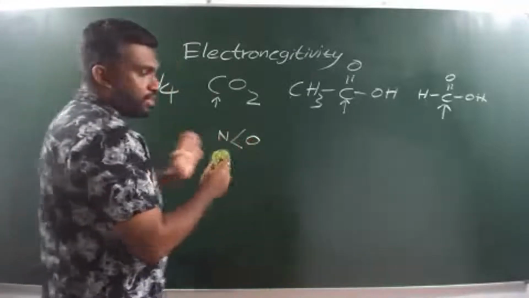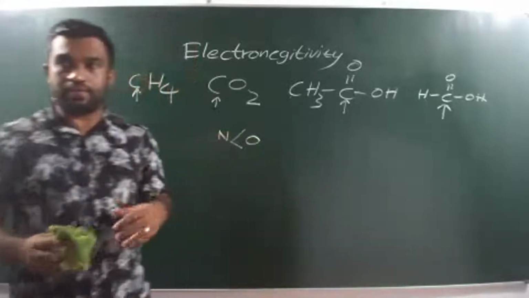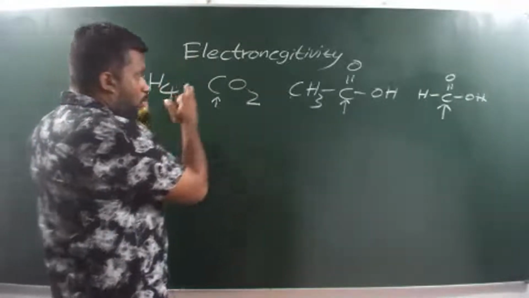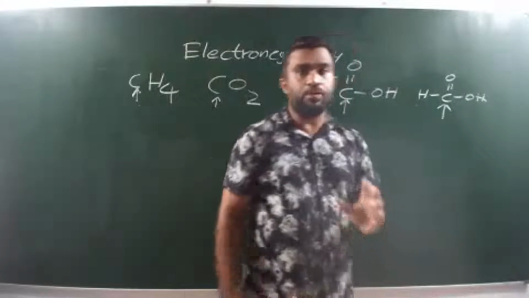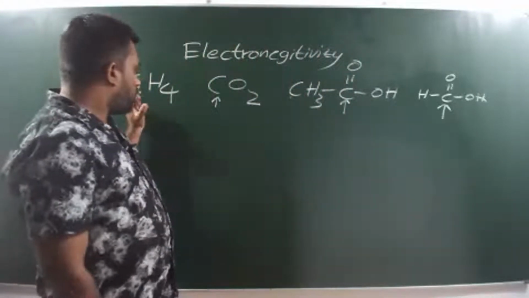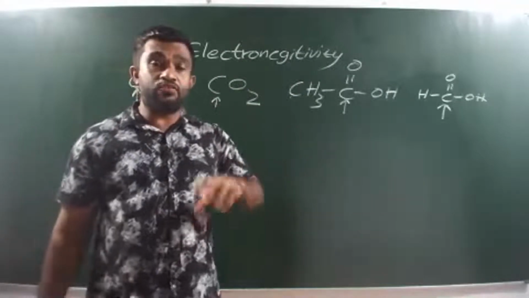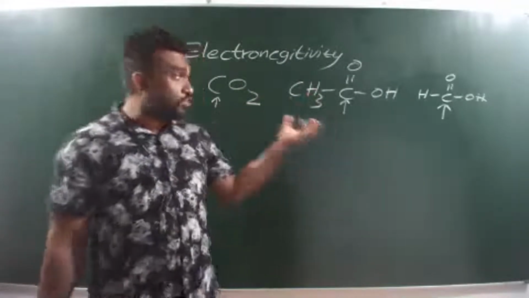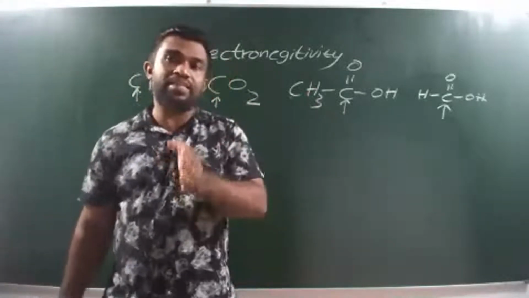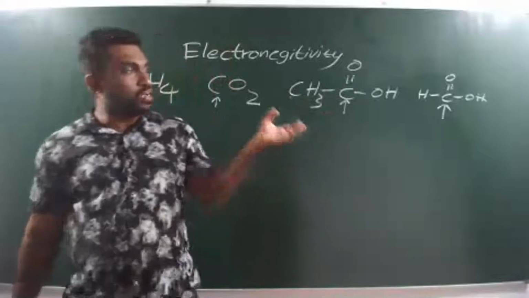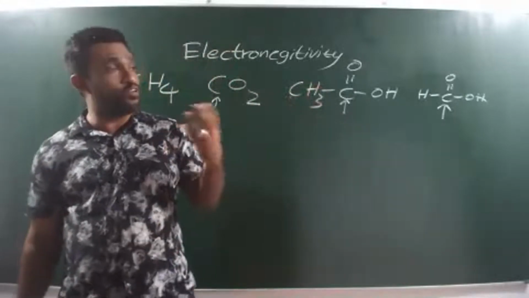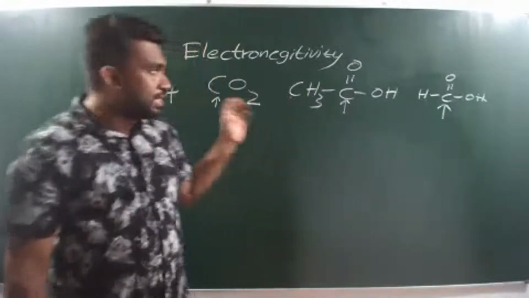That is something we have learned in the first lesson. Now in here all atoms are carbon, and in here all atoms are carbon. So you can't decide which one has higher electronegativity, because as we learned in the previous lesson, the electronegativity of all carbons is the same.